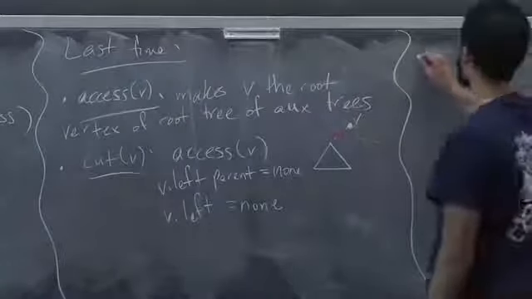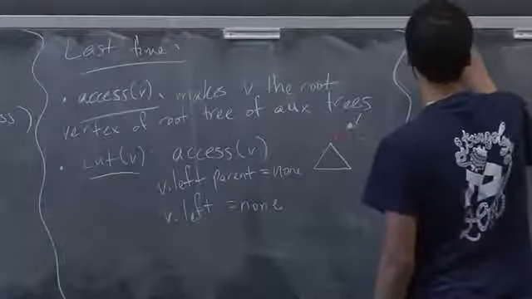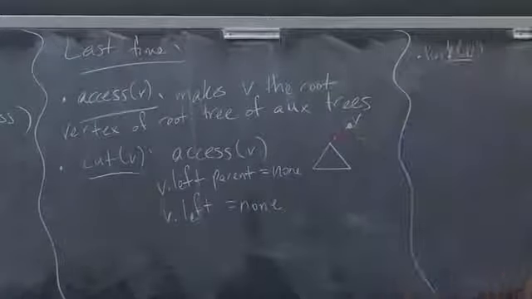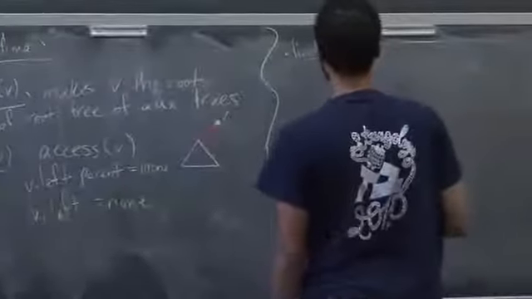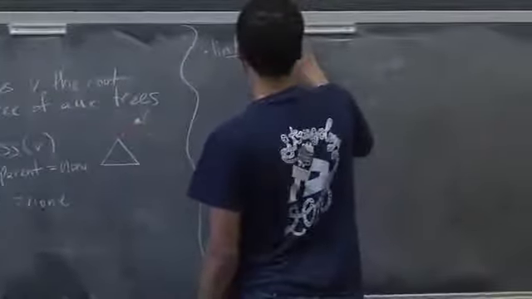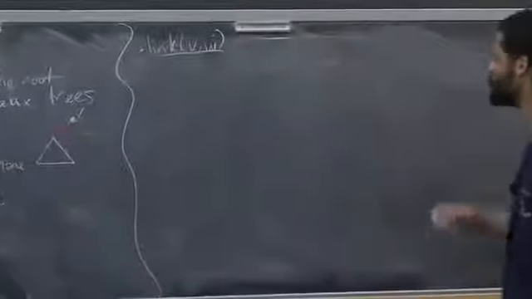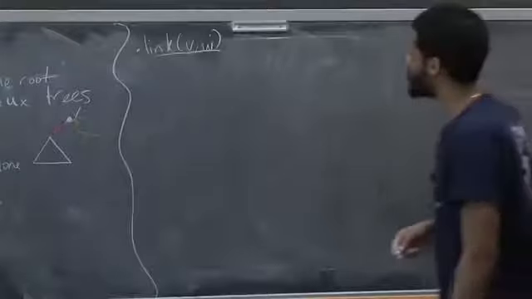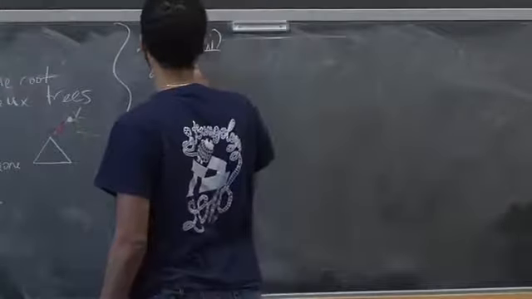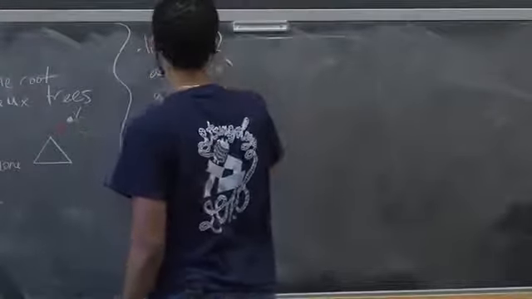And then let me write the last one, link. I'm not going to write all the other ones. We'll just focus on these for the analysis. Link v to w. So v is the root of its represented tree, and w is in a different represented tree. Now w is the parent of v. We draw an edge from v up to w. That's what link does. The way we implemented this was we did access v, access w.